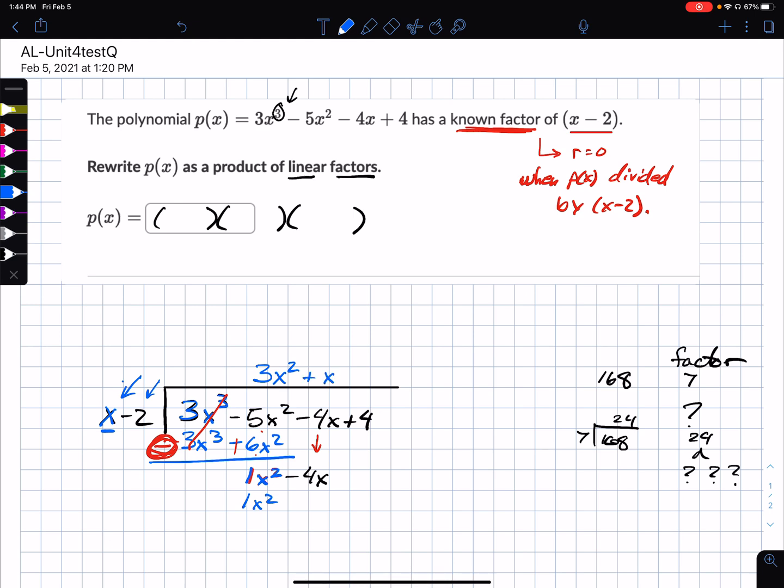So positive x times x is 1x squared, and positive x times negative 2 is negative 2x. Then we jump into the subtraction again, and we get the first elimination there. Then we have negative 4 minus negative 2, so double negative there, and we end up with a negative 2x. Drop the last term, plus 4, down.